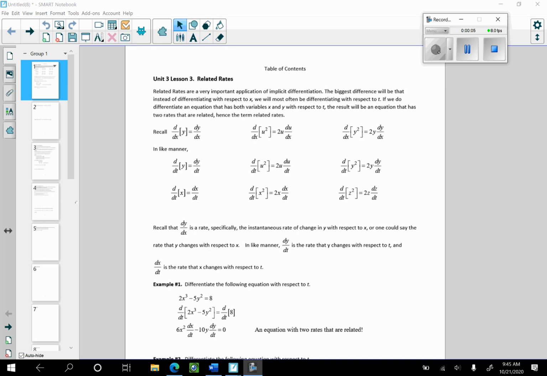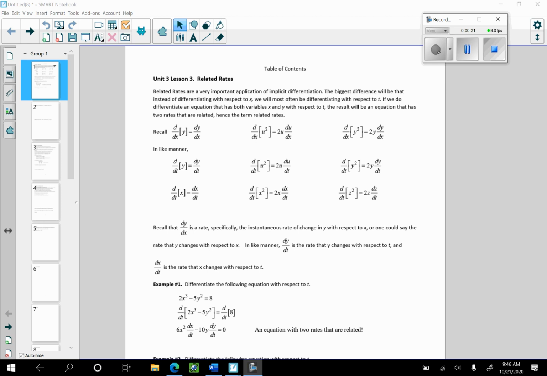Related rates are a very important application of implicit differentiation. The biggest difference will be that instead of differentiating with respect to x, we will most often be differentiating with respect to t, time.